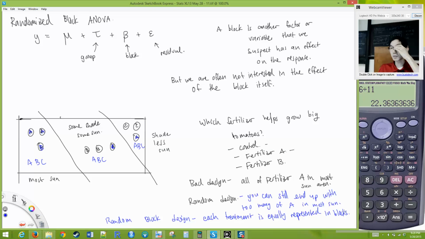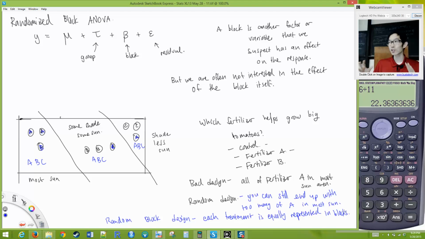So we use blocking when there's something that's out of our control. Like we know sunlight has an effect on how much a plant grows, okay? And we're not so interested in the effect of the sunlight itself. But in order to tell the difference, we have to include that in our analysis.